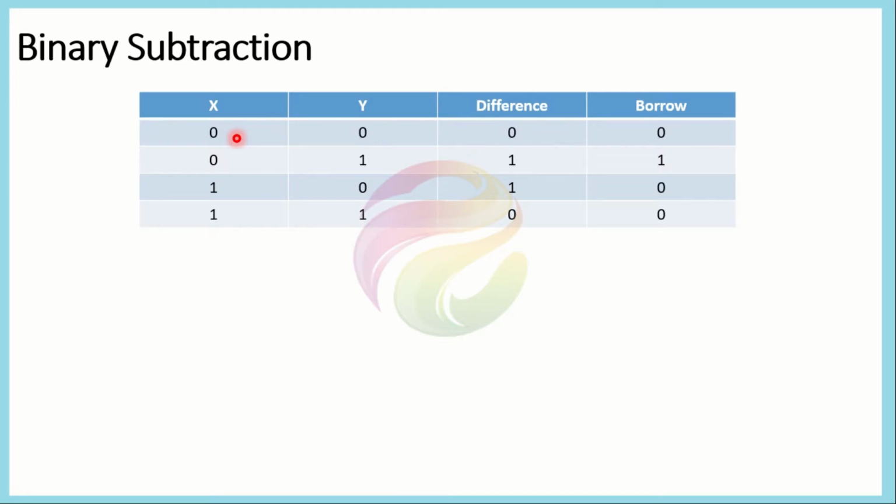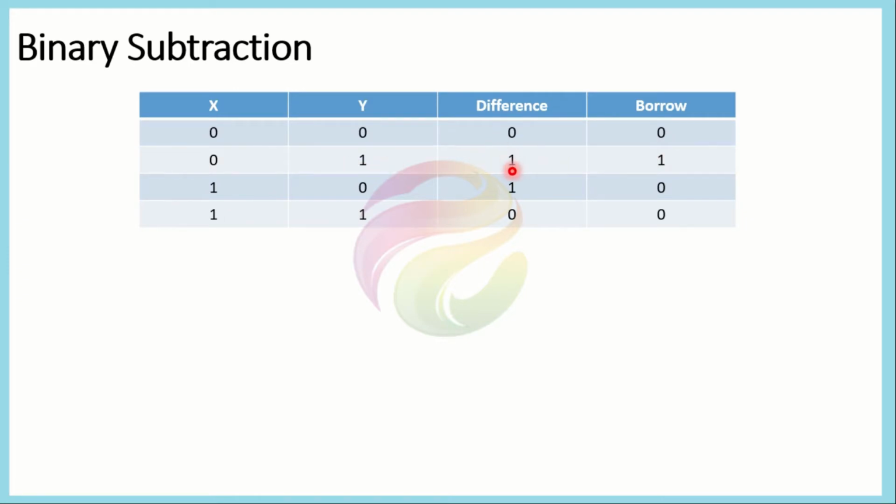For the first case, we have 0 minus 0. In this case, we will get the difference equal to 0. For the next one, we are subtracting 0 minus 1. Here y is bigger than x, so we need to borrow a 1. So in this case, we will get a difference equal to 1, and we will also get a borrow equal to 1.